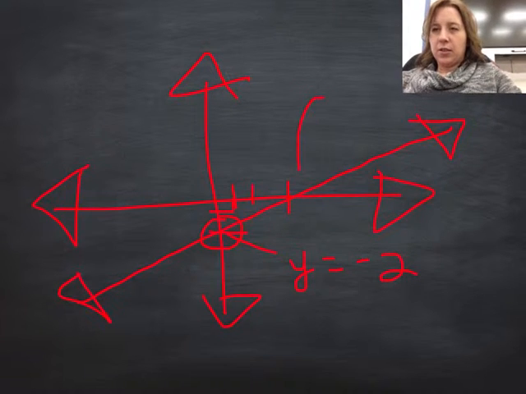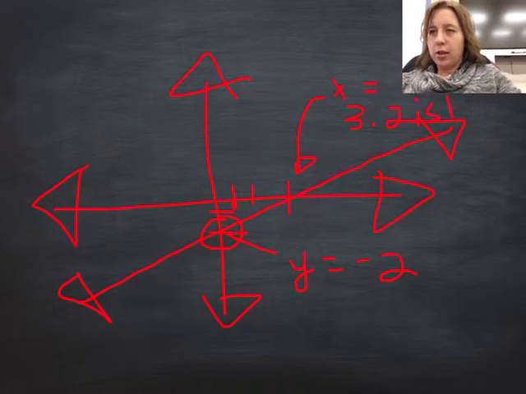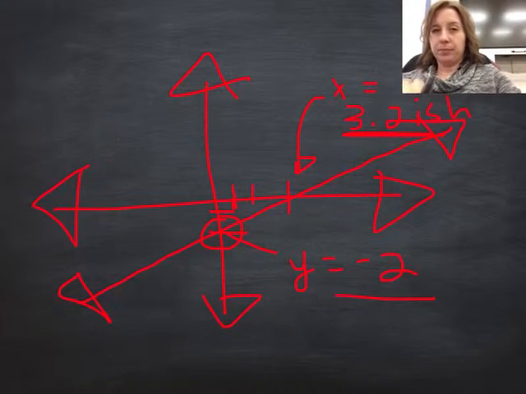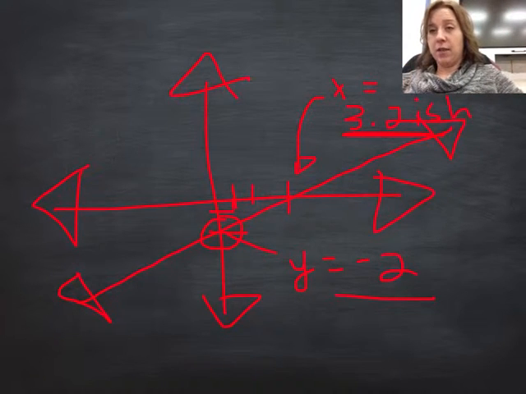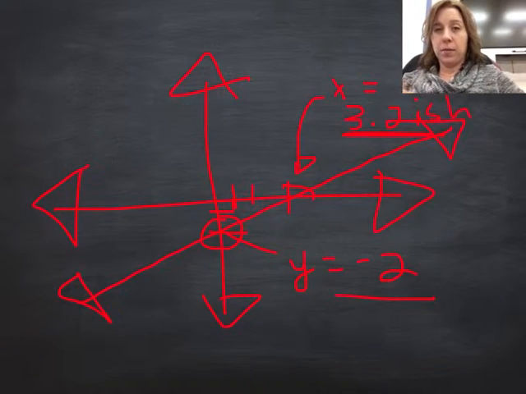My x-intercept looks like it's very close to 3, but it almost looks like it could be 3.2-ish. So sometimes x and y-intercepts are decimals and sometimes they're whole numbers. Totally depends. So if you're given the visual, it should be easy to figure that out on the graph itself.